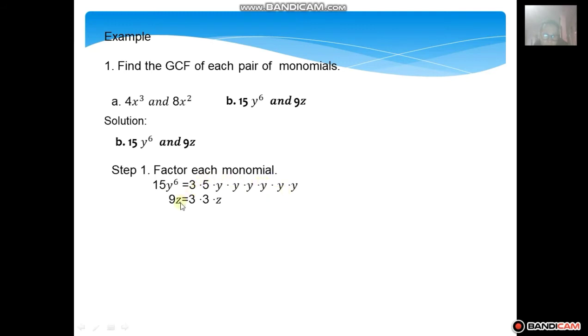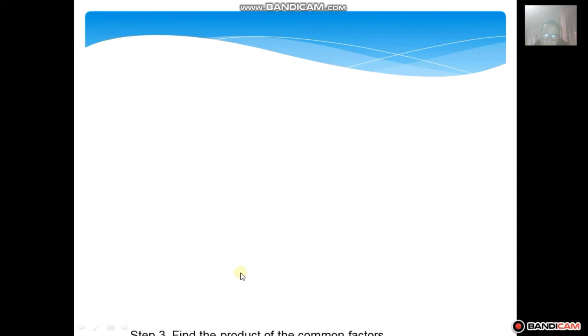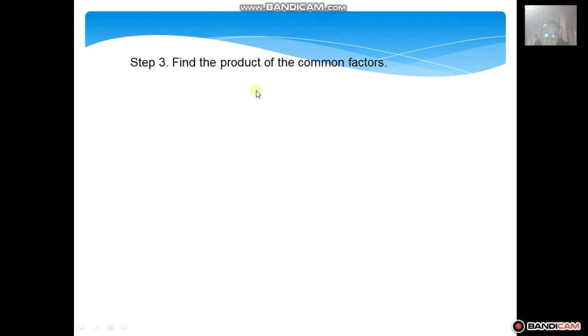Then we will do the same in the second term. We have 9, and the factors of 9 are 3 and 3. Then z. For step number 2, identify the common factors. This is the common factor. Then step 3, find the product of the common factors.